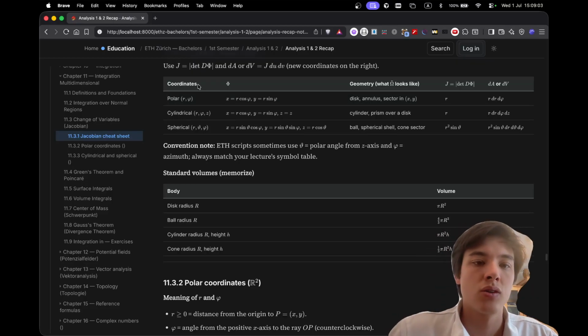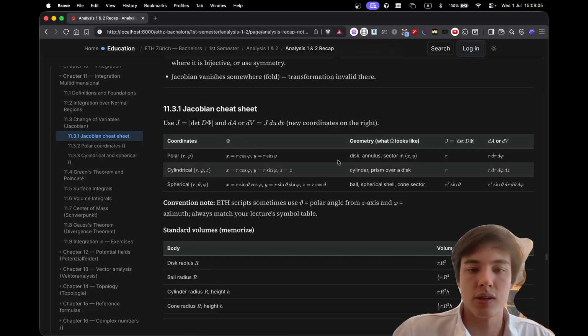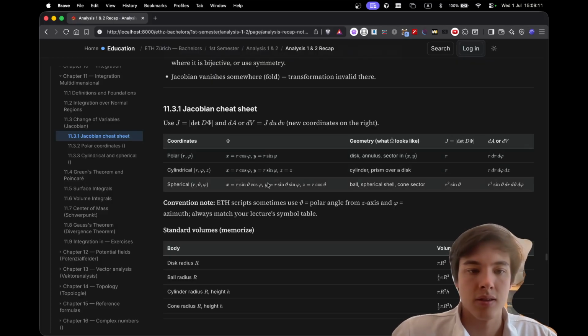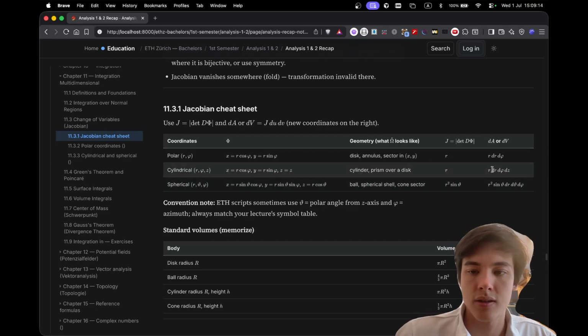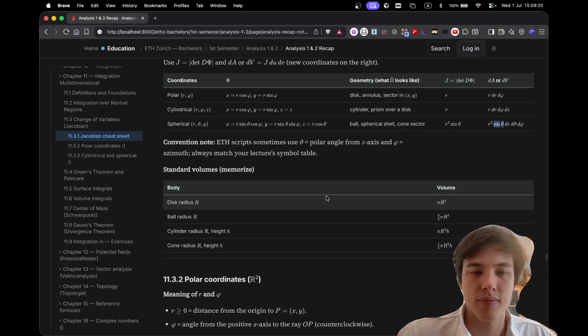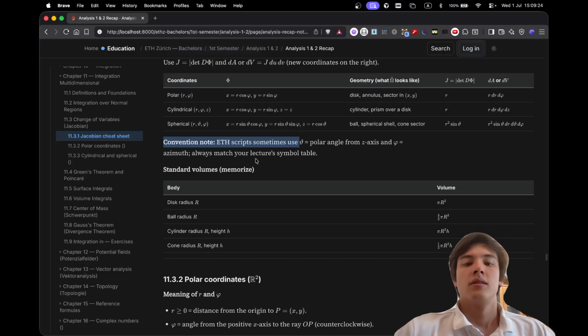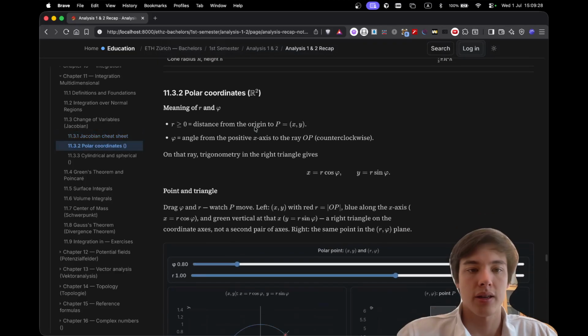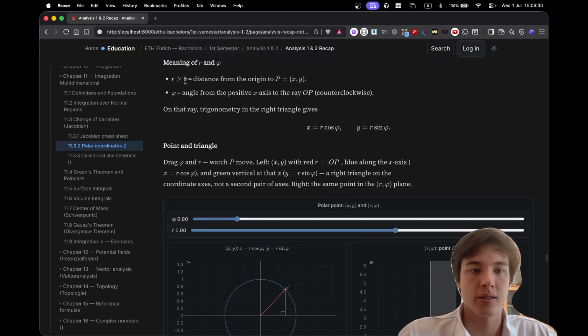If we switch to polar coordinates, we need r. So dA would look like this. Same for cylindrical. And spherical is r squared times sine of this. Yeah, let's look at polar coordinates.